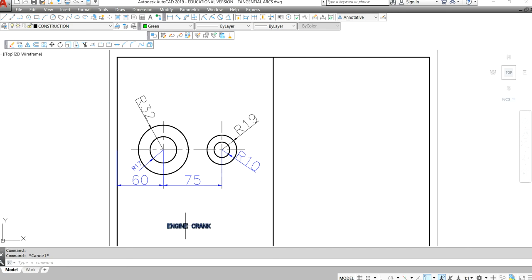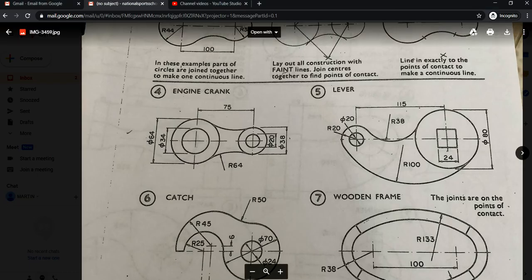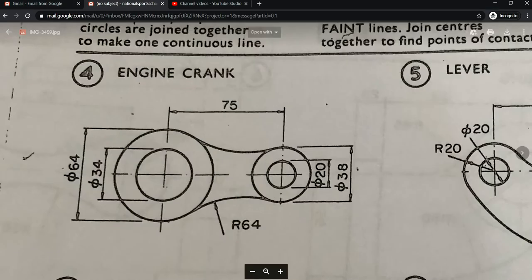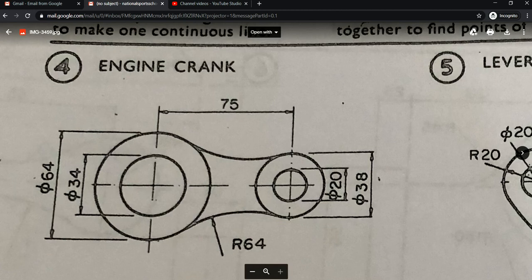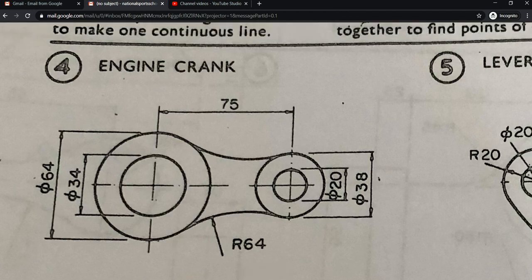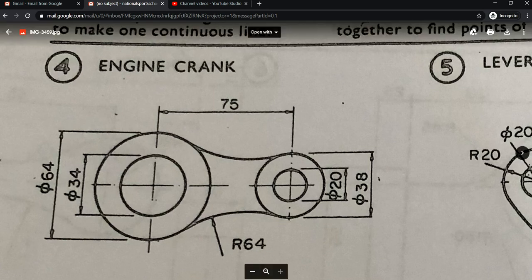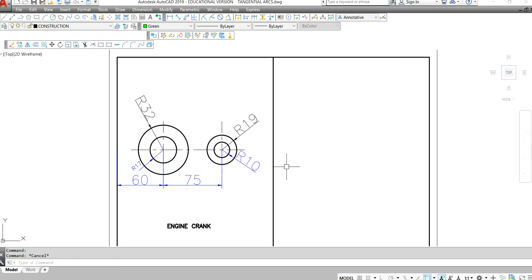Then, as stated in the handout, we move over here 75 millimeter, and draw two circles. The outer is again given in diameter 38, so division by 2, radius 19, and the small circle is diameter 20, so radius 10. So that is the initial drawing.